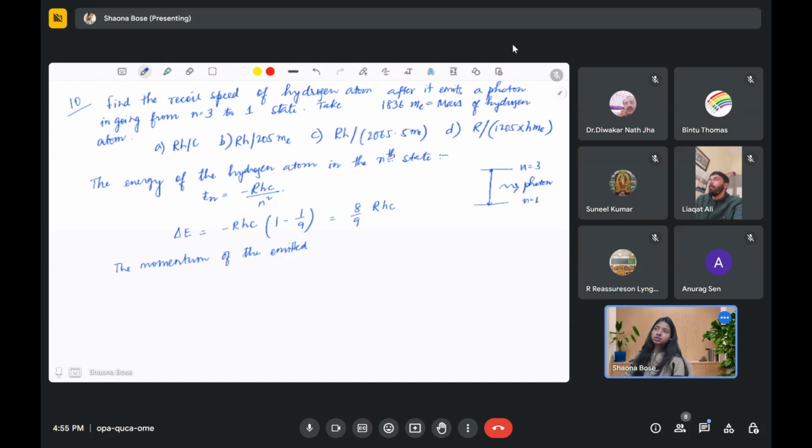Recoil speed means, suppose you have an electron just sitting in its place, and you have something coming and hitting this electron.